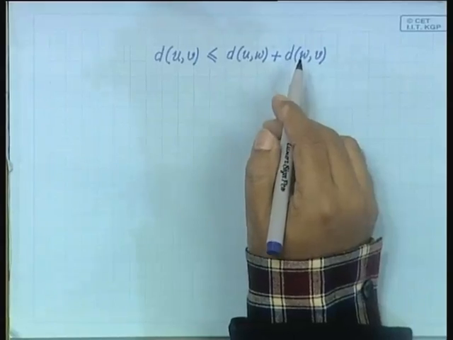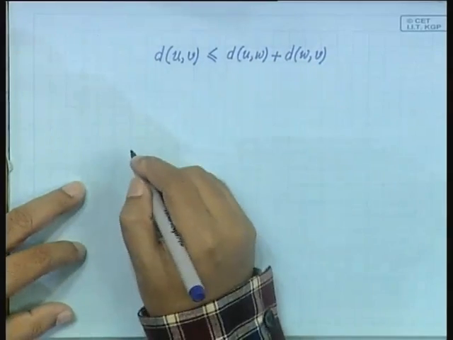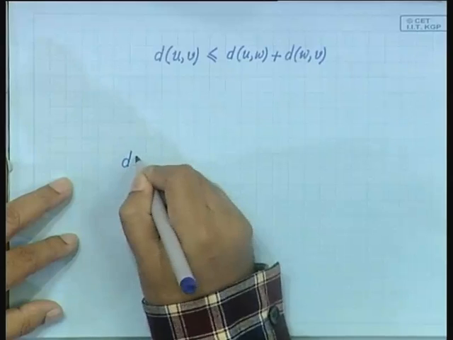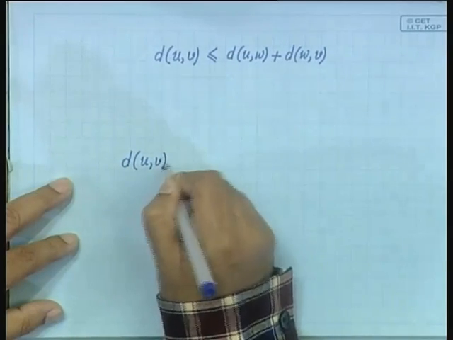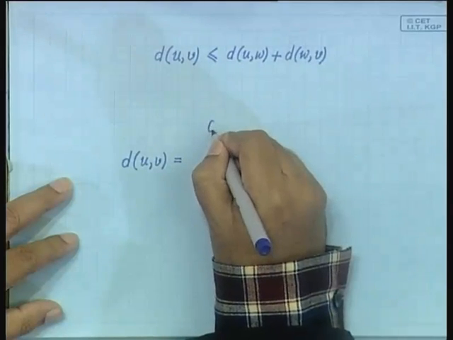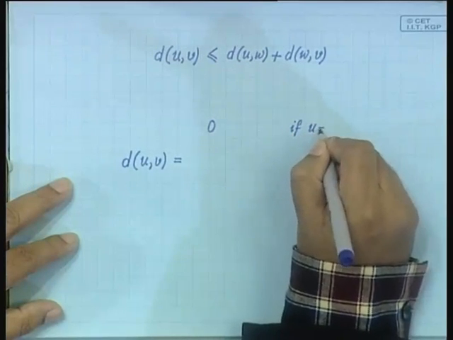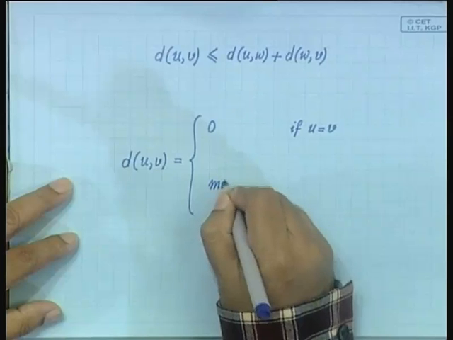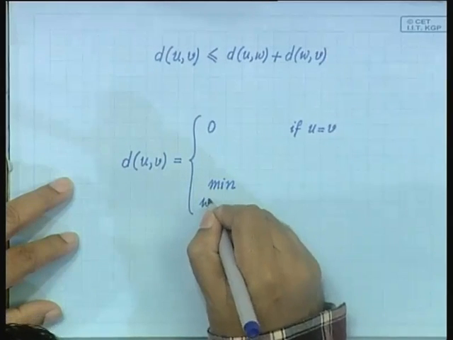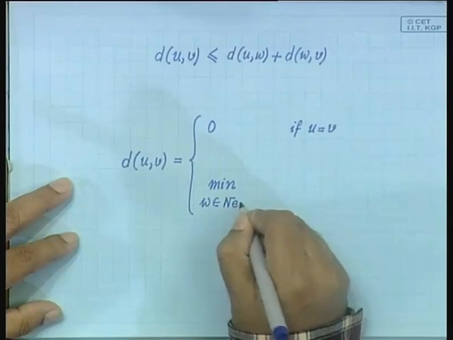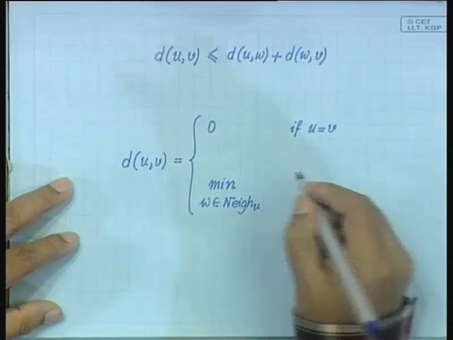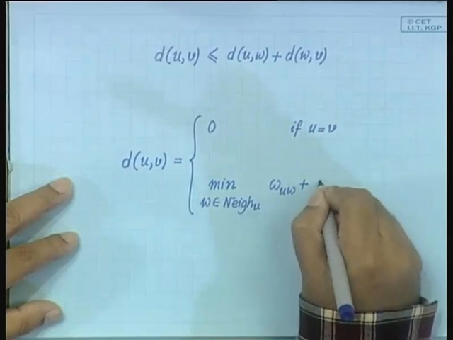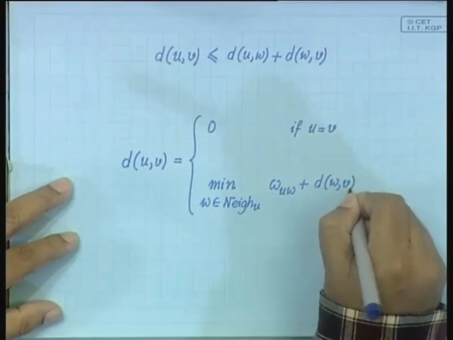Now, there is another way of looking at it. We can also use the following alternative equation, where we say that d_uv equals 0 if u equals v, and otherwise is equal to the minimum among the w's which are the neighbors of u, of the weight w_uw plus d_wv.